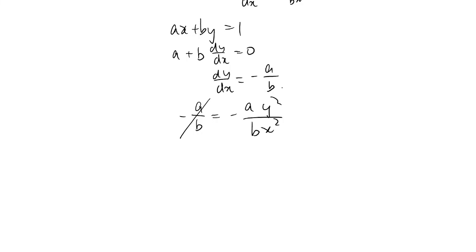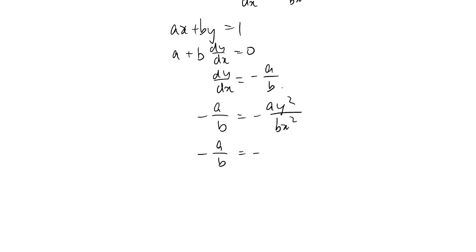So the minus a on b's cancel each other, so 1 equals y squared on x squared. Well, I should sub in p and q first, shouldn't I? So let's not get rid of the minus a on b just yet. Let's substitute first. Minus a on b equals minus a q squared on b p squared.